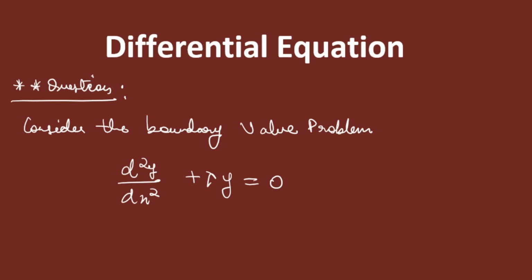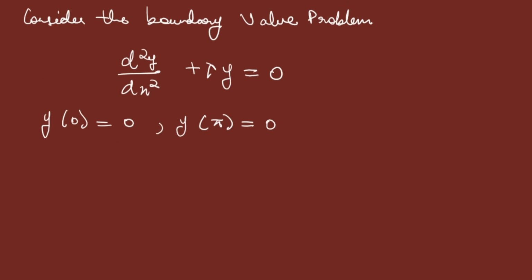Suppose we have something like this given to us, and there are conditions given to us that y of 0 is equal to 0 and y of pi is equal to 0. So when we have these conditions, what can we do from here?